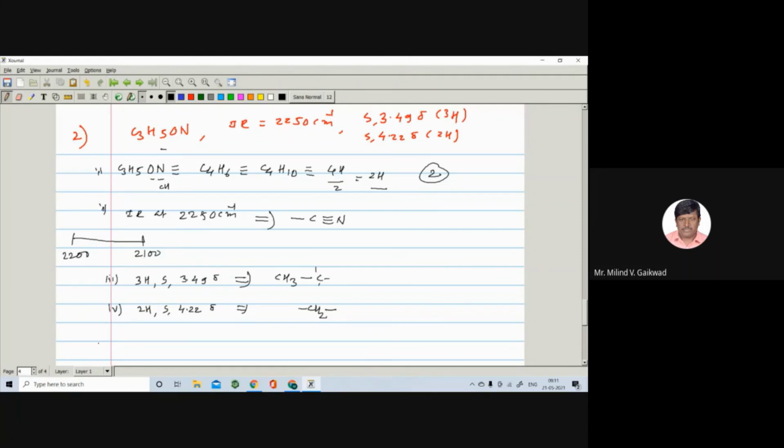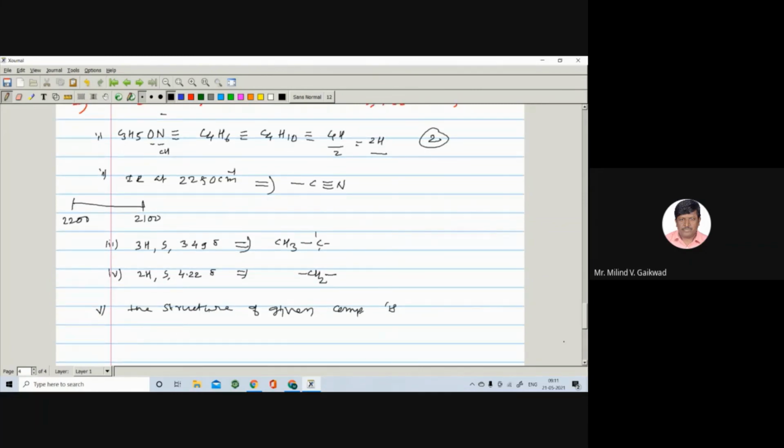Now we have to write the structure. So from the above data, the structure of the given compound will be, what will be the structure? It has CH3, of course it has CH3, right?